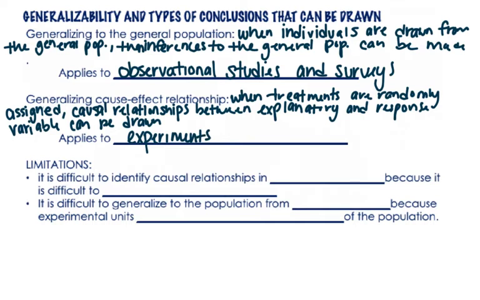So it is difficult to identify causal relationships in observational studies because it is difficult to control for other variables.